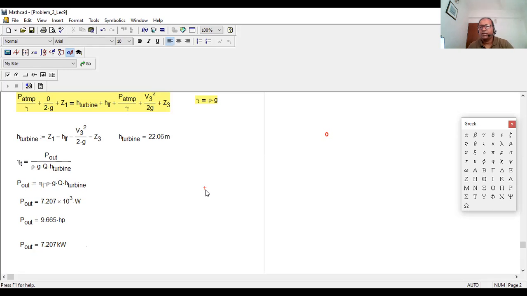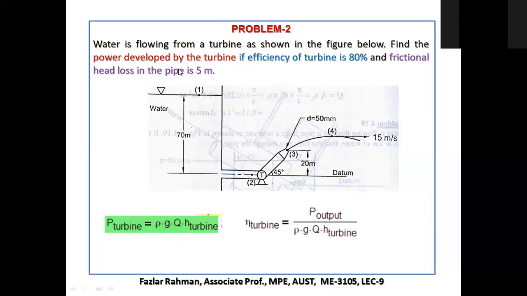Okay, very easy. So any questions? Sir, the value of HLF here. HLF is already given in the problem. You see HLF equals 5 meter.